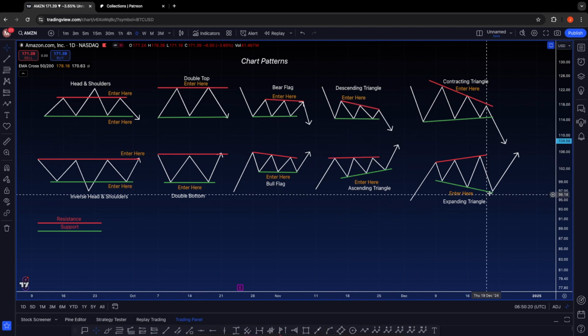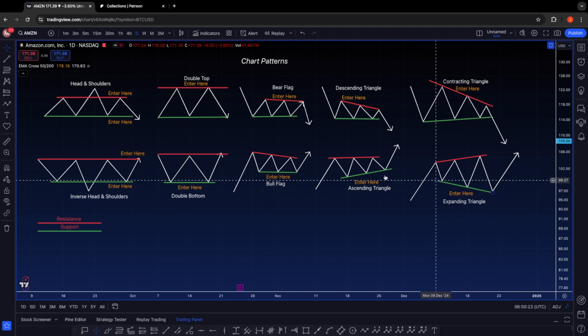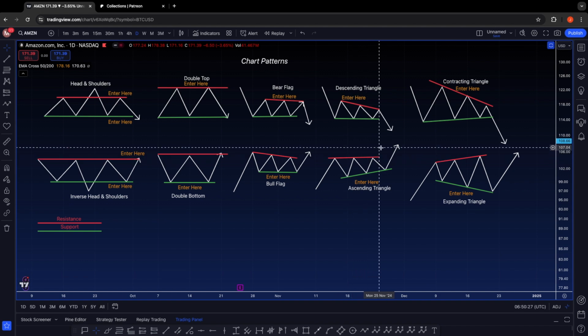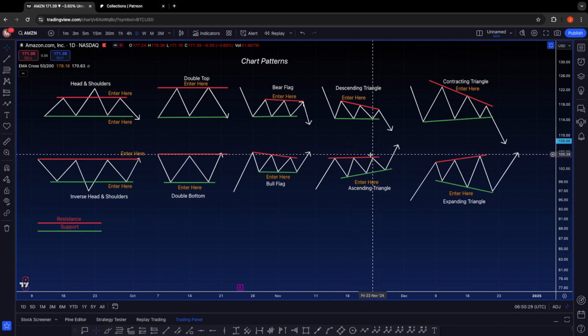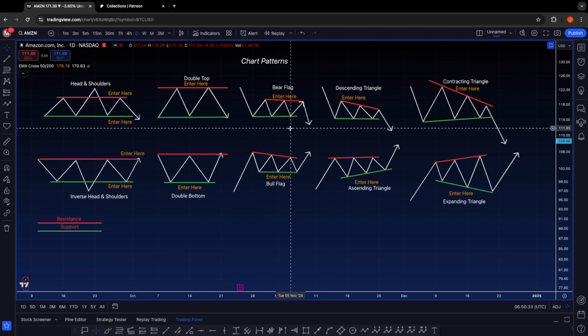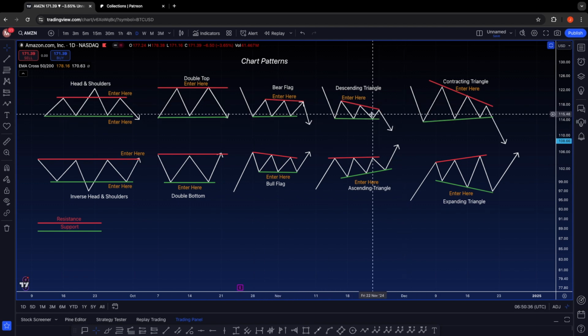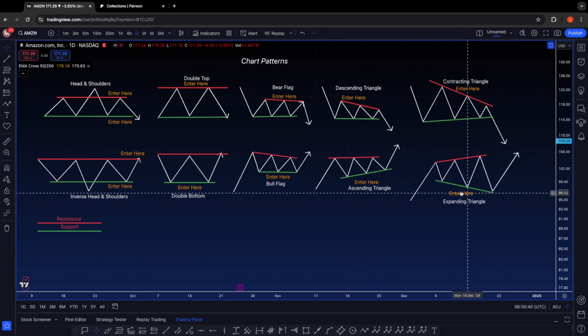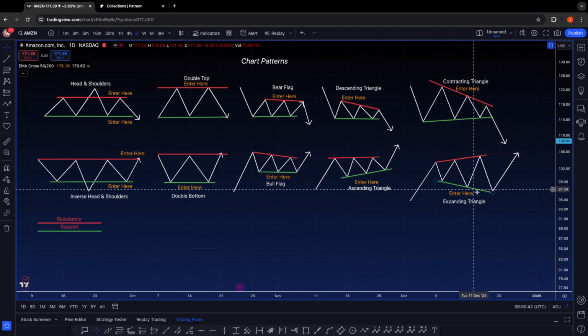You can easily just re-enter the trade, re-enter the investment, whatever it is. I don't suggest selling investments just because you see these patterns forming and like, all right, let's place a stop loss here. You guys can dollar cost average into some of your positions, and I'll explain in further videos, just real life examples with math and everything. But in cases like these here, you can easily just place another trade, if you will.